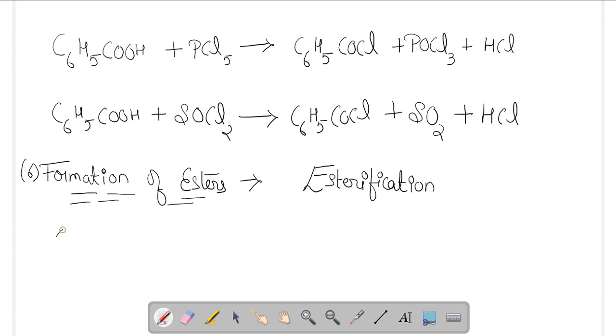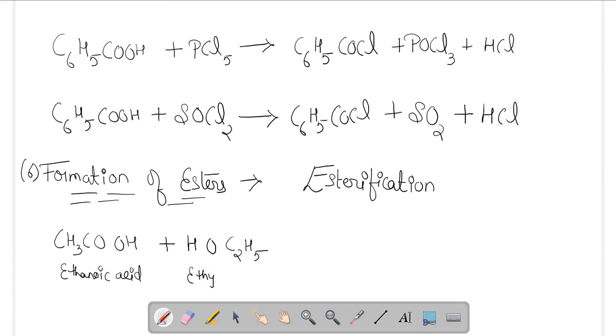Here CH3COOH plus HOC2H5 is taken. That is, we have taken ethanoic acid or acetic acid, which is reacting with ethyl alcohol, that is ethanol, in the presence of concentrated H2SO4.